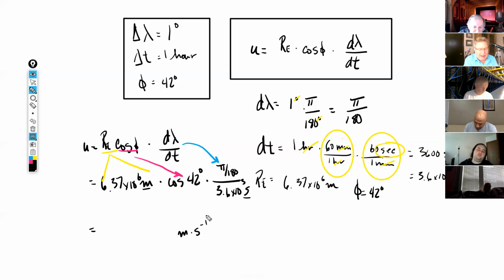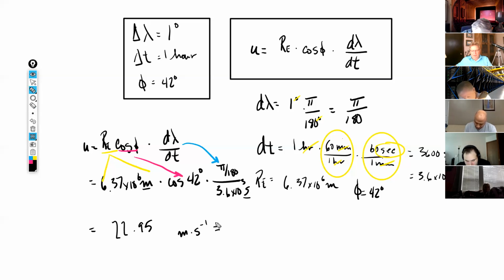Now, go ahead and calculate that out. 22.95 meters per second.